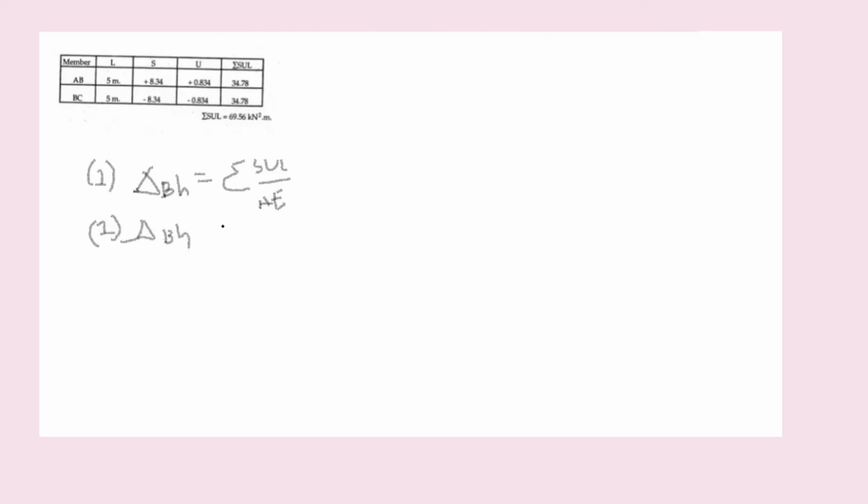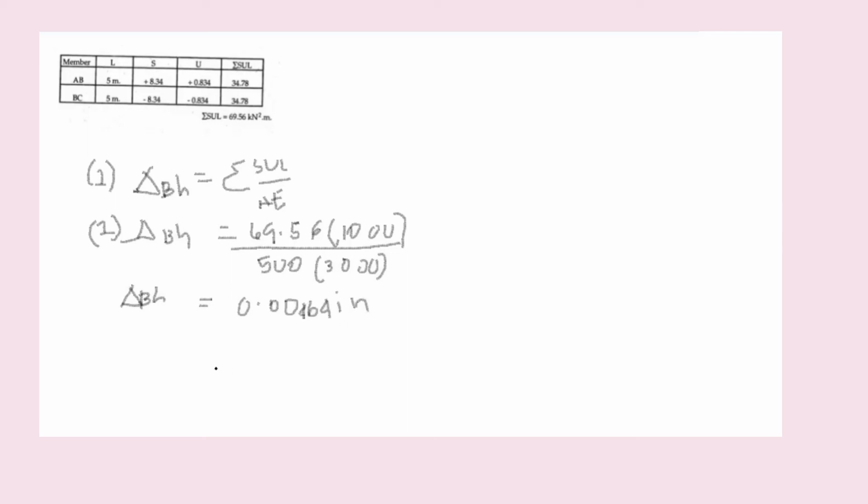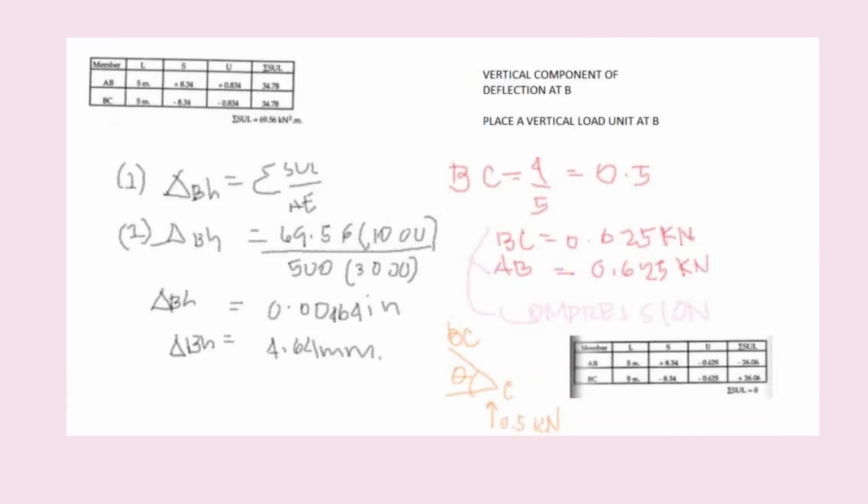First, we're going to use the given formula, which is change in delta H is equal to summation of UL over AE, and then change those mathematical expressions into the given units. So it was written in here 69.56 multiplied by 1000 over 500 multiplied by 3000. That will be 0.0464 inches, or delta H is equal to 4.64 millimeters.